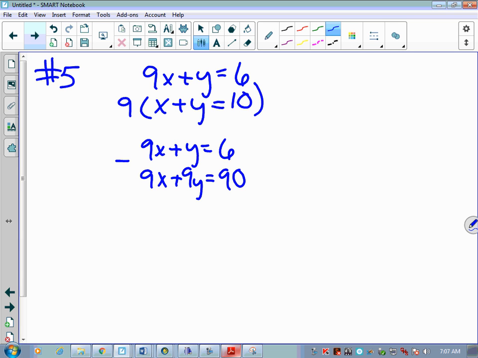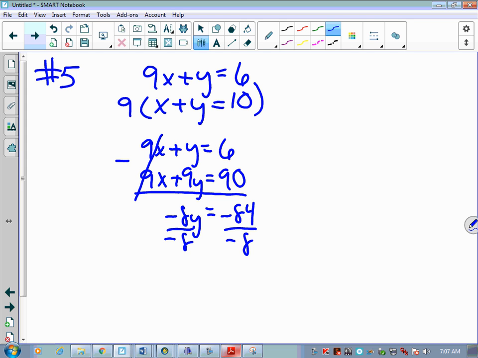If I subtract, these would now cancel out. I'd get 1y minus 9y, which is negative 8y, and 6 minus 90 should be negative 84.